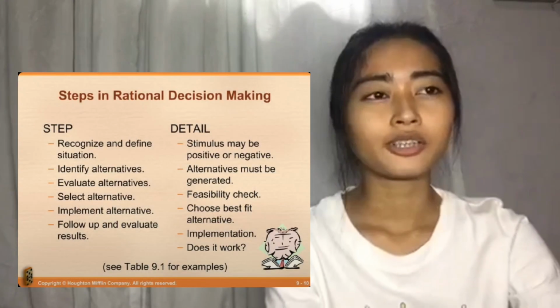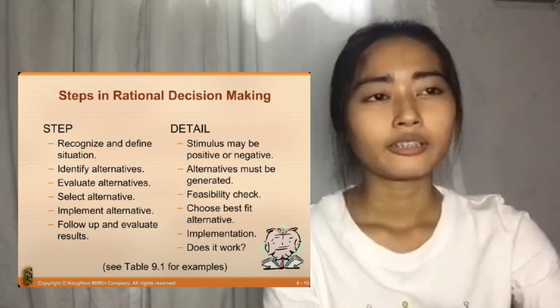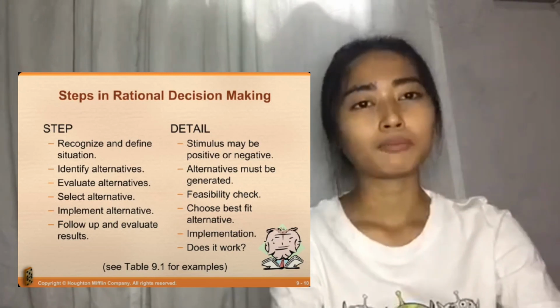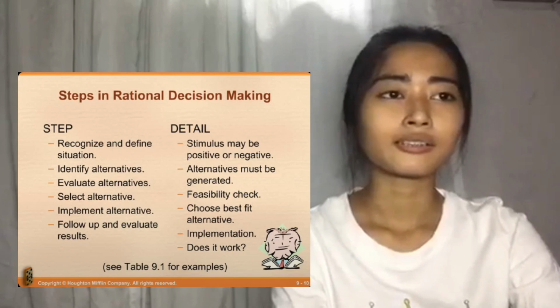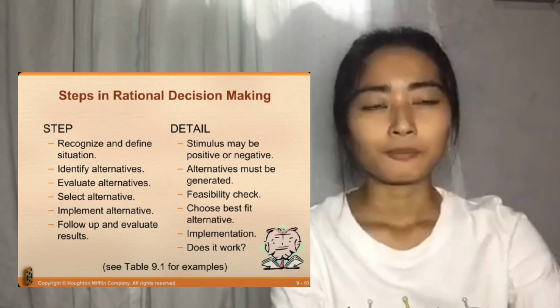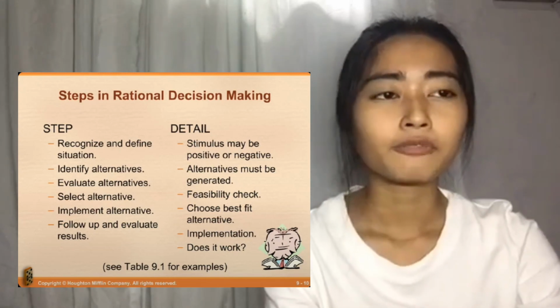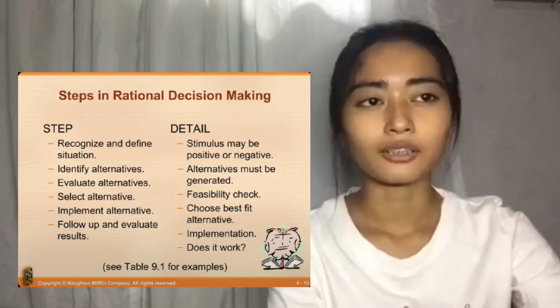Next are the steps in rational decision making. First step is to recognize and define the situation. It may be positive or negative. Second is to identify alternatives. They must be generated. And third, evaluate alternatives for feasibility check.